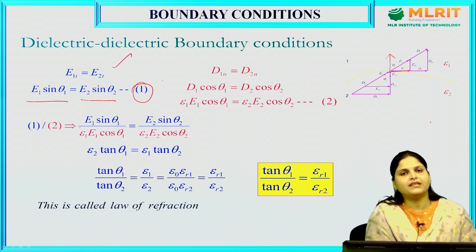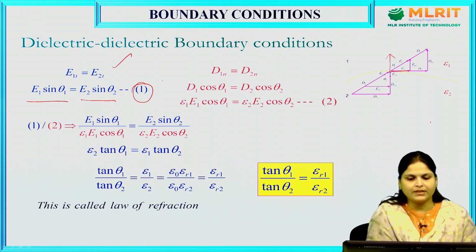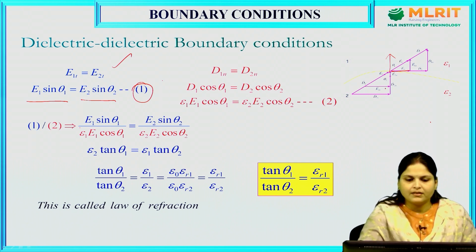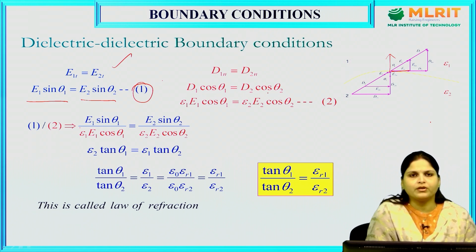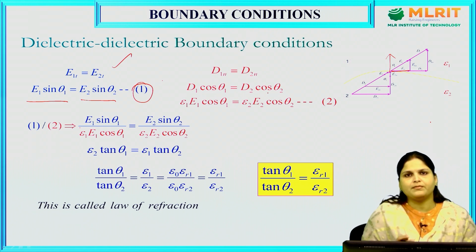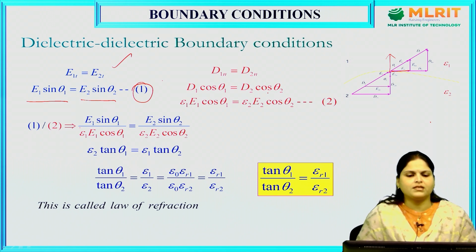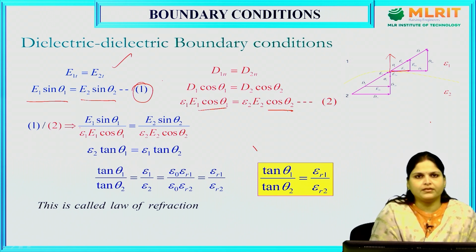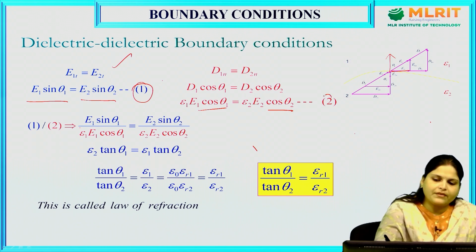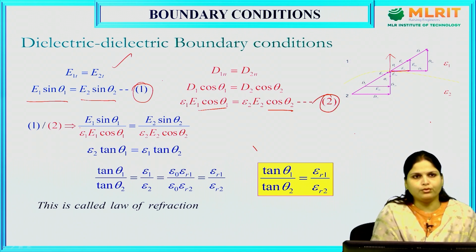Similarly, we can write it for D1n and D2n. D1n in terms of D1 becomes D1 cos theta 1 and D2 cos theta 2, because we are writing the normal component, it makes an angle with the normal only, so this term will be taken as a cos term. This equation is considered as equation number 2.